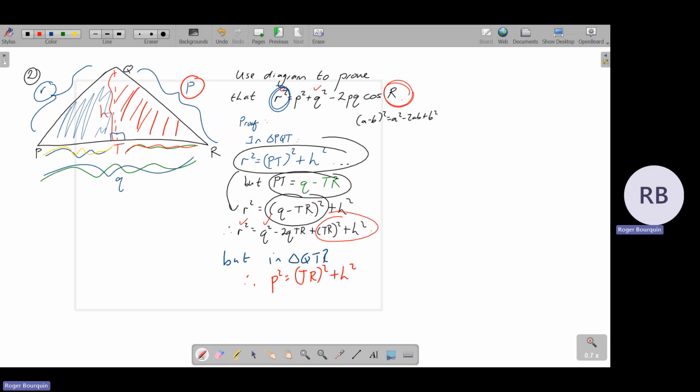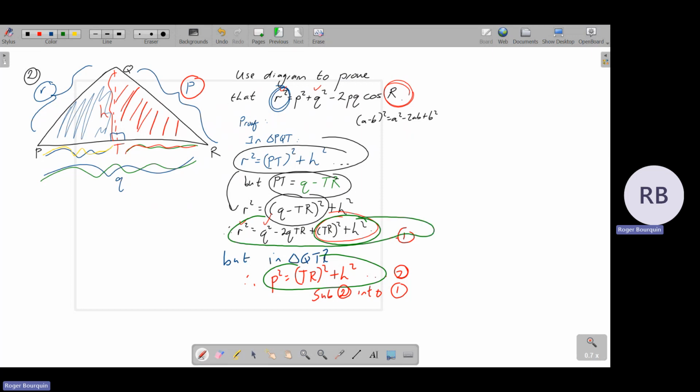So if I call this equation 2 and the earlier one equation 1, and I substitute 2 into 1, I can replace TR squared plus H squared just with P squared.